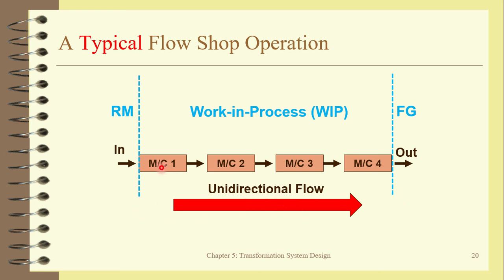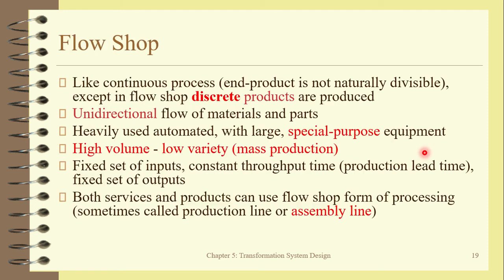They have to go to machine number 1, 2, 3, 4 and then go out. And normally for the flowchart, they use automated special purpose equipment to produce high volume, low variety of the product, or mass production. Sometimes it's called the production line or assembly line.